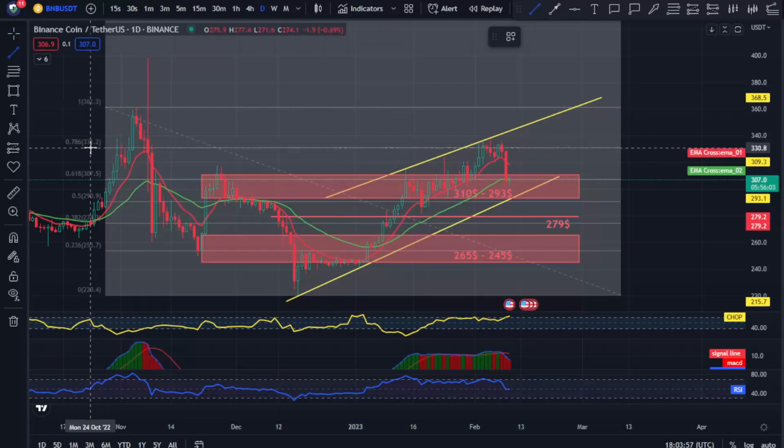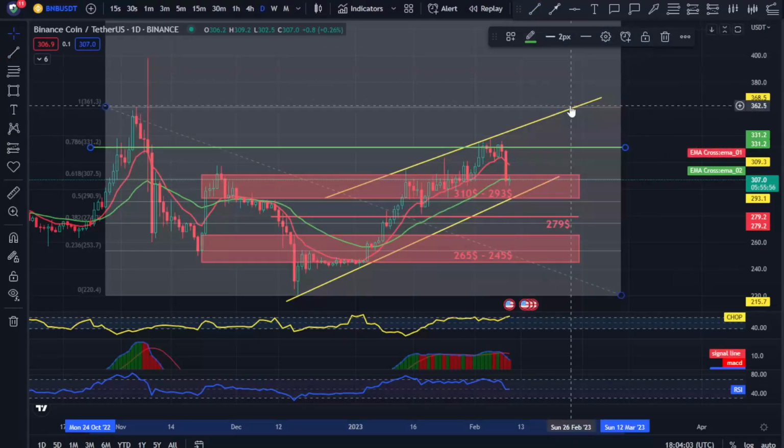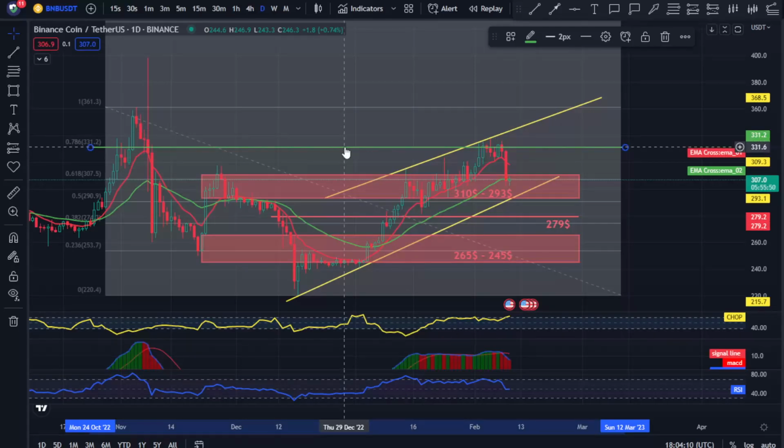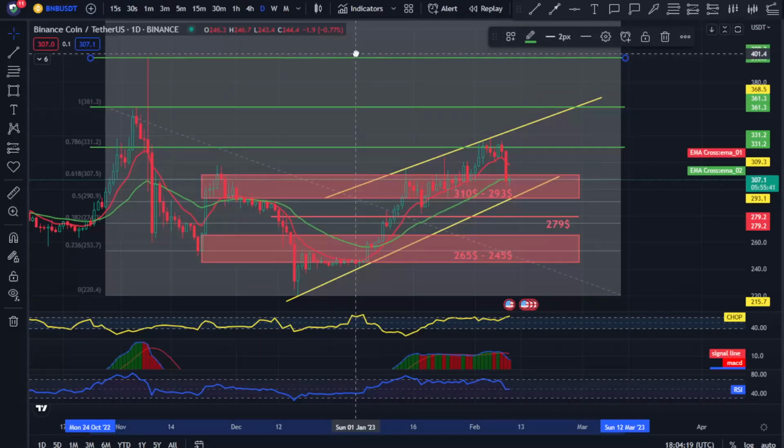And here we see that the price failed to break the resistance at $331. We continue to have strong resistance at $361. Once the price breaks it, it will move towards resistance at $398.